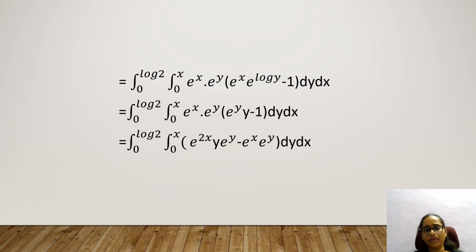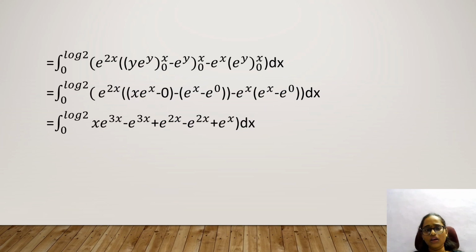At the next step we can observe that e to the power log y can be written as y, and next we have multiplied everything here. After the multiplication, we start integrating with respect to y, keeping x as a constant, and separating e to the power x here.